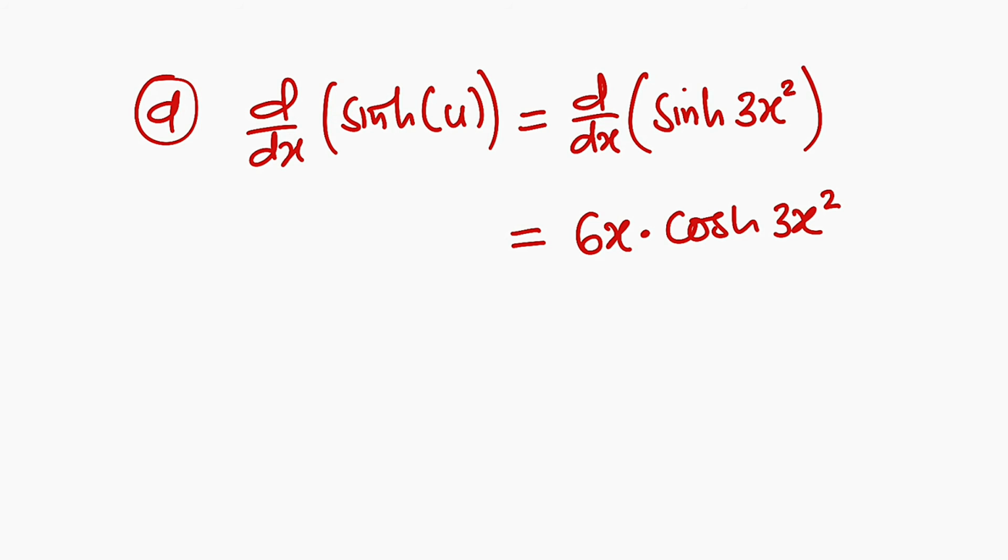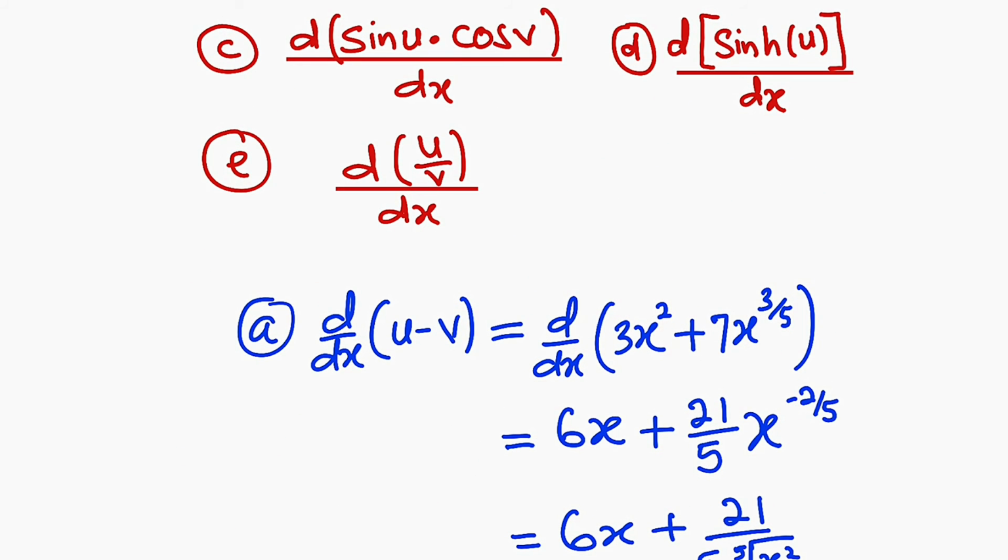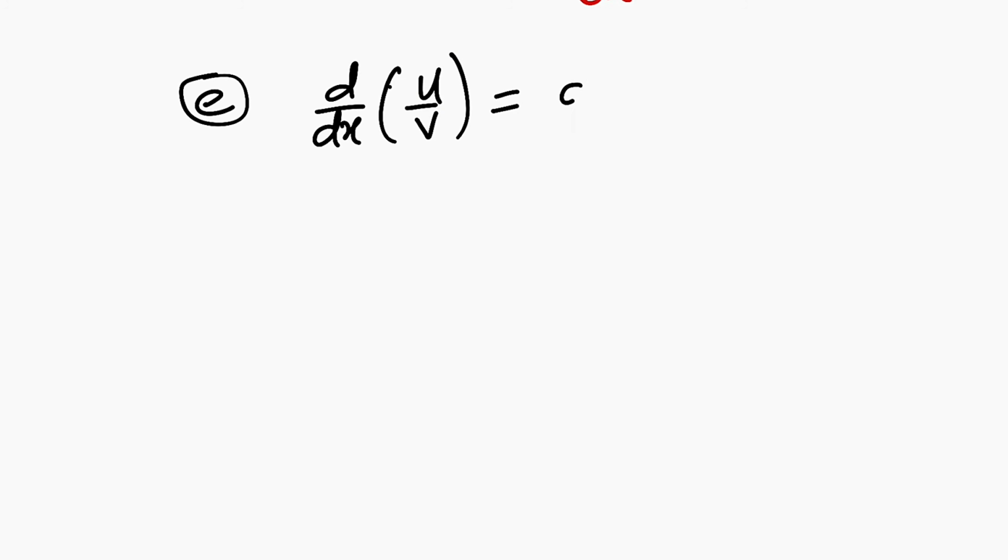Let us move on to the last one. The last one, we want to find the derivative of u divided by v. d over dx of u divided by v. This is equal to d over dx of u, which is 3x squared, divided by v, which is negative 7x to the power of 3 over 5.